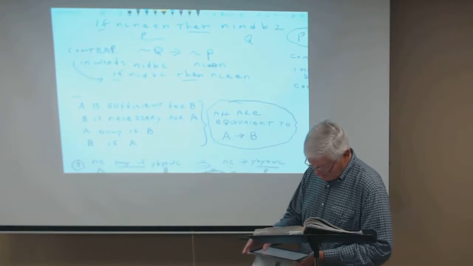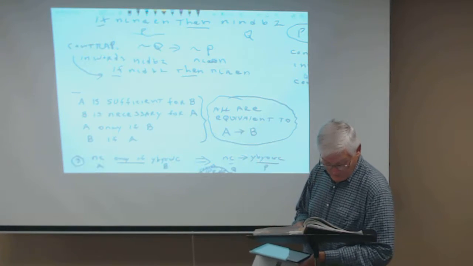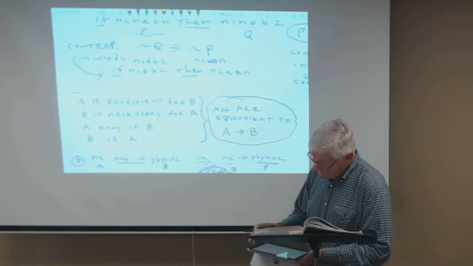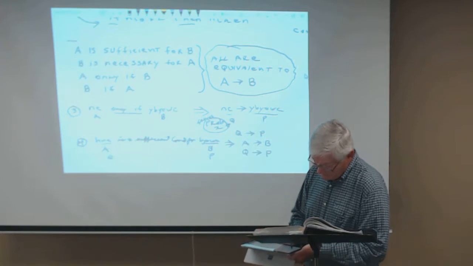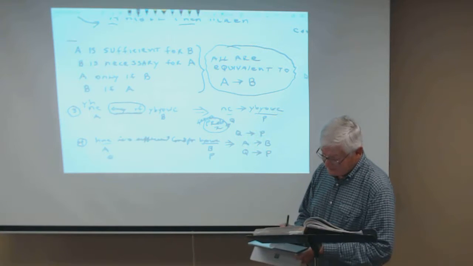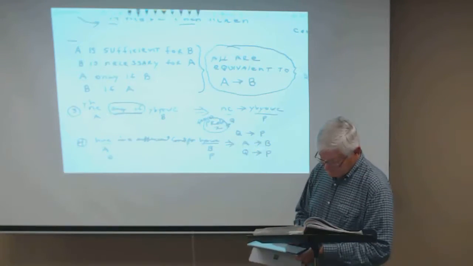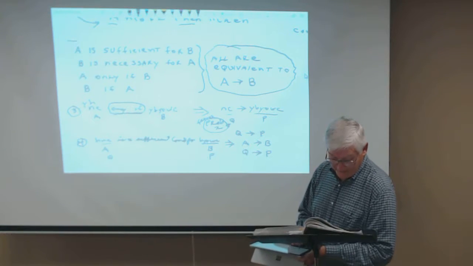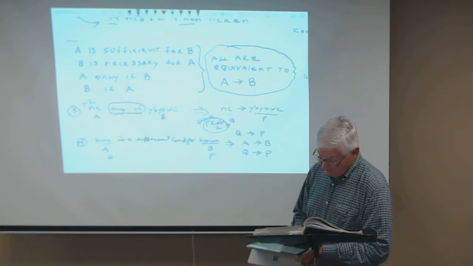Let's scroll down here to problem 3. You have no cavities only if you brush your teeth with clean. Isn't that what it said? So, you have no cavities, only if.